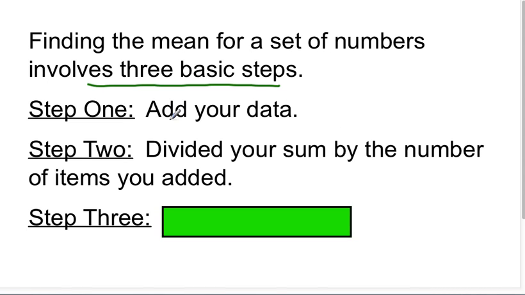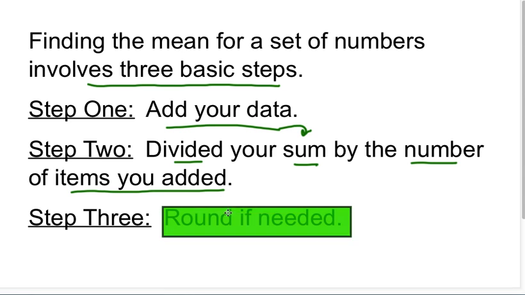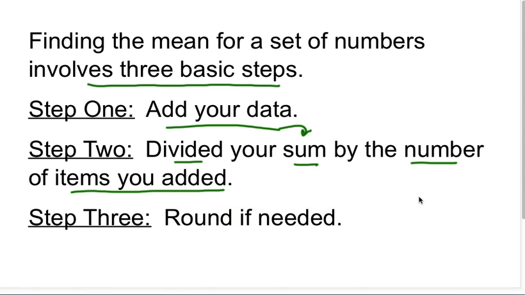So once you've added your data, you're going to get a sum, and then you simply divide your sum by the number of items that you added. And then the third step, which you may or may not have to do, is round if needed. Okay? That is sometimes left up to you based on the situation you're finding the mean for.